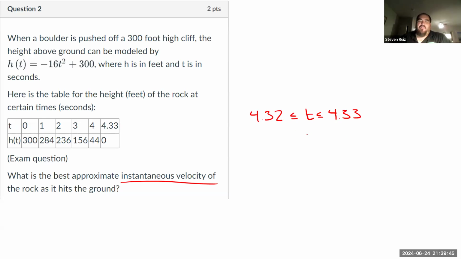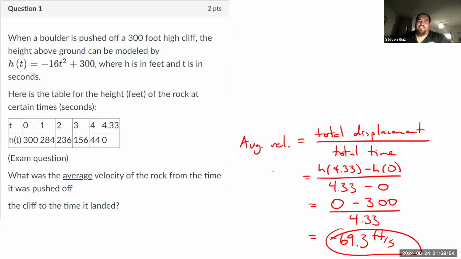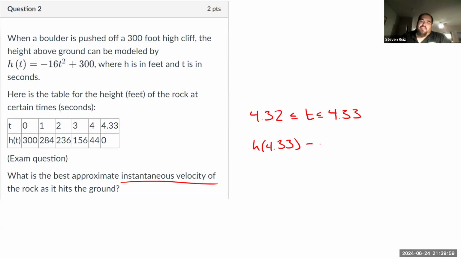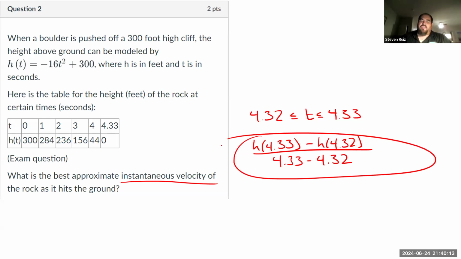If that's the very small time interval I want to deal with, then my approximation for instantaneous velocity is structurally the same as the way I did here: change in height divided by change in time, except now those changes are as small as I can make them, because I'm only allowing a very short amount of time, in this case a 100th of a second. I think one of the multiple choices looked exactly like this. You could even make better estimates if you made the interval even smaller.